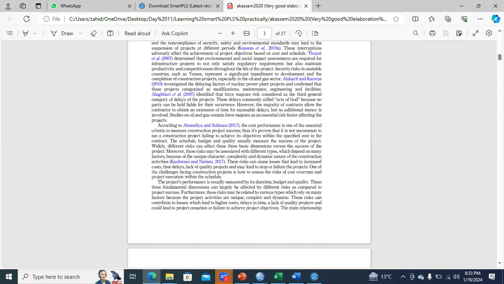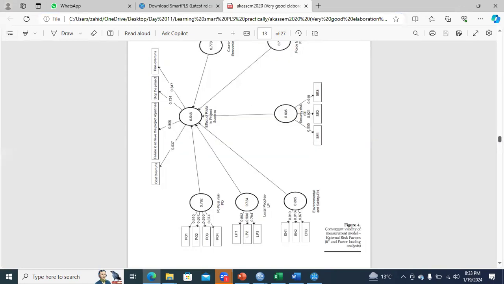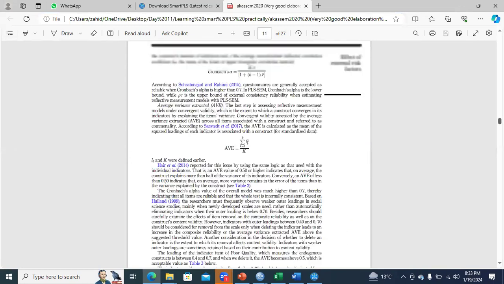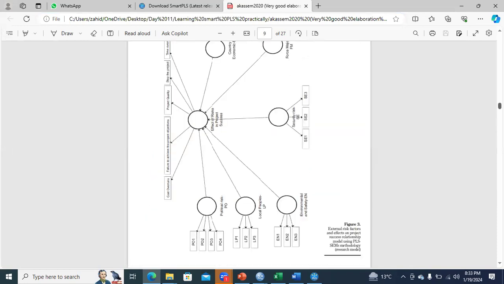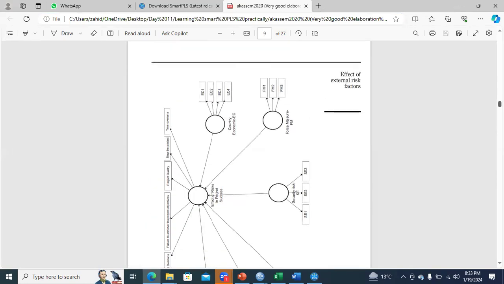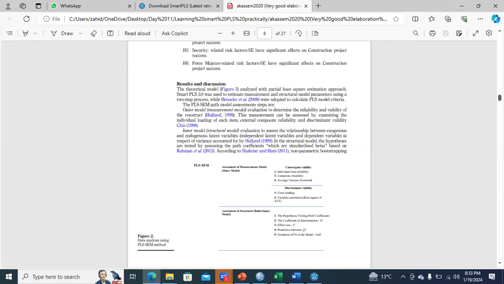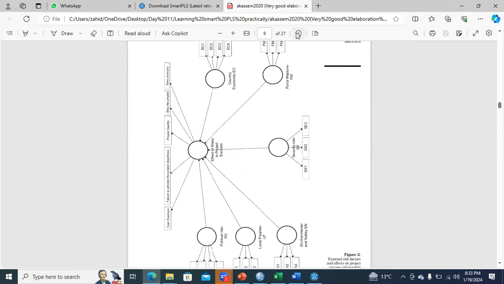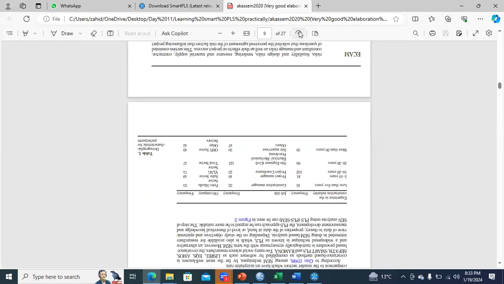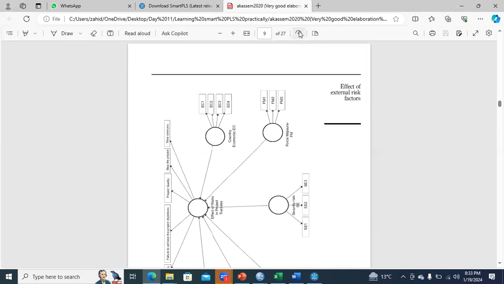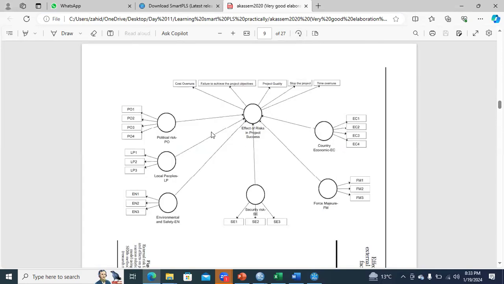You can see here the analysis. They have used pure Smart PLS analysis. Like I have created the graph, they have also created the graph. If I change the direction, you can see there are some factors they have used, and they have analyzed their impact.